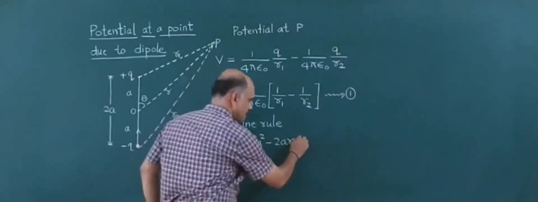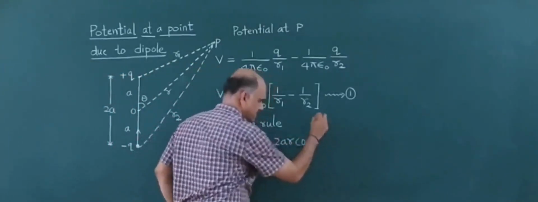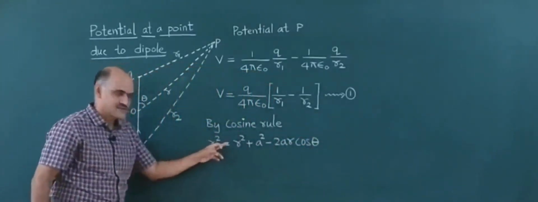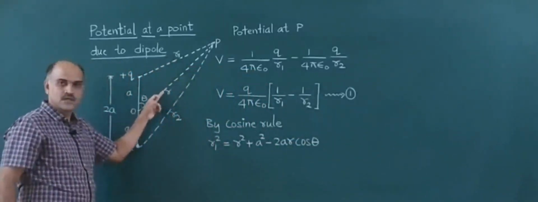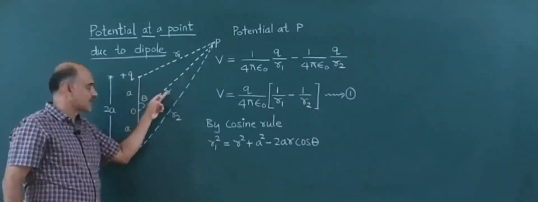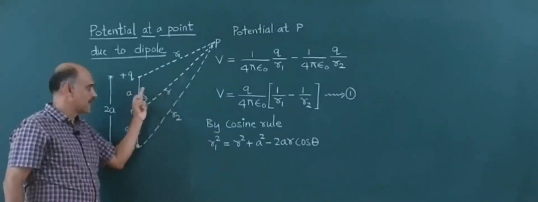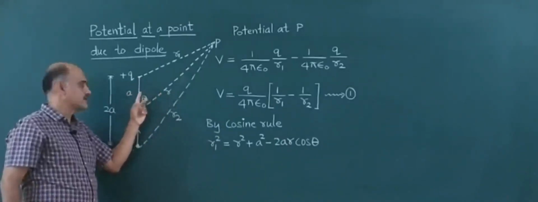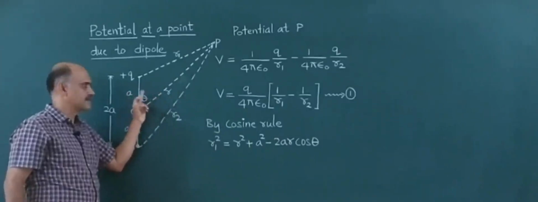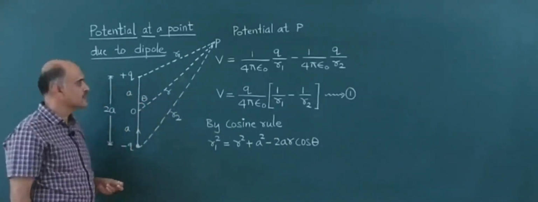So R1 square is equal to R square plus A square minus 2AR cos theta.